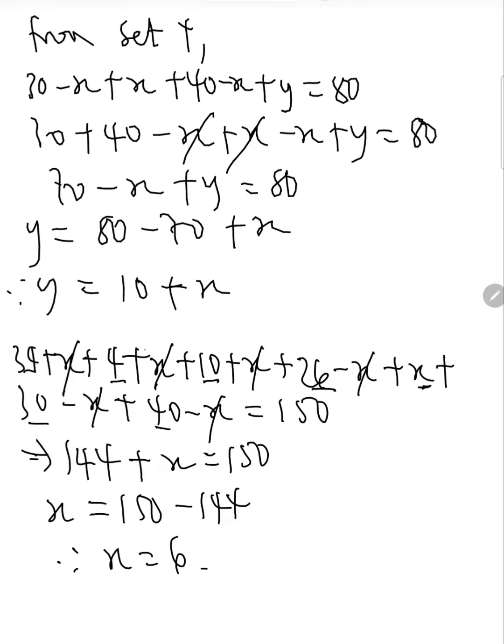So this x represents what? Number of traders who sell all the 3 food crops.